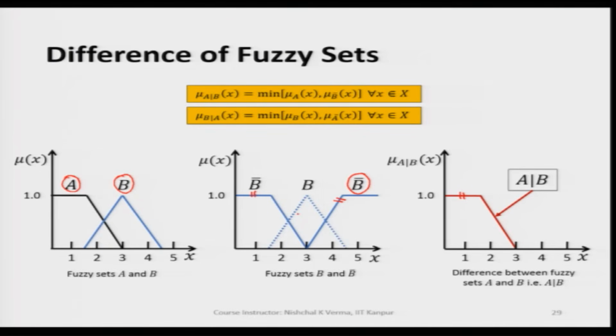If we plot the minimum value everywhere these conditions are satisfied in this figure, and if we take the point x equal to 3, we see that for fuzzy set A we have 0 membership value, and B bar also has membership value 0. So, if we take min, we get 0 here as well.